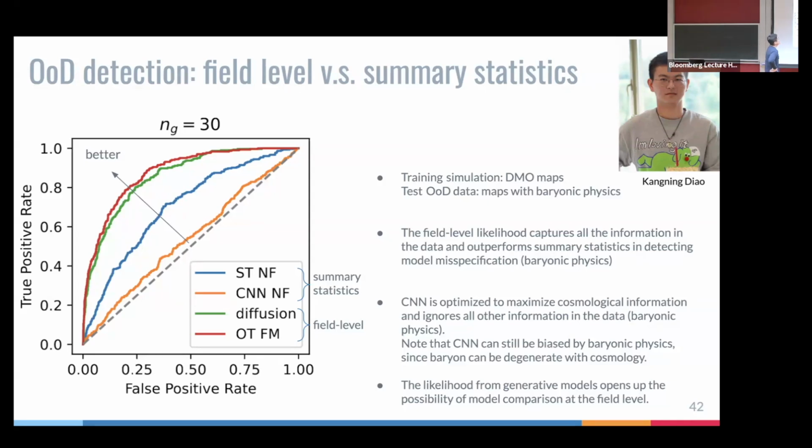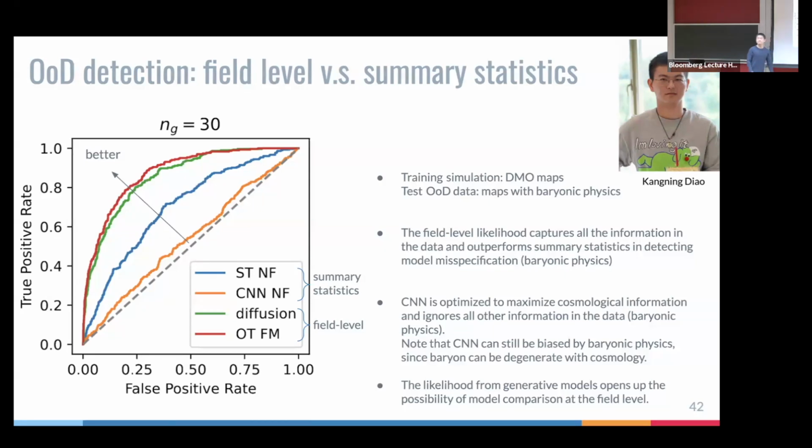What we see is that the scattering transform improves on the traditional two-point analysis by a lot, and then the field level further improves that. I also want to mention that this CNN is trained by maximizing the cosmological information in the learned statistics and ignores all other information in the data, which may contain useful information to tell the difference between baryonic physics and cosmology.